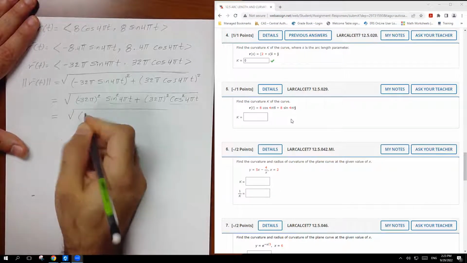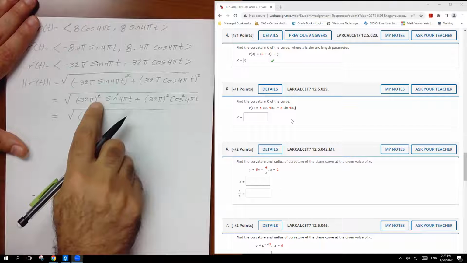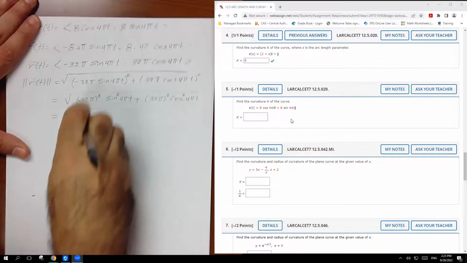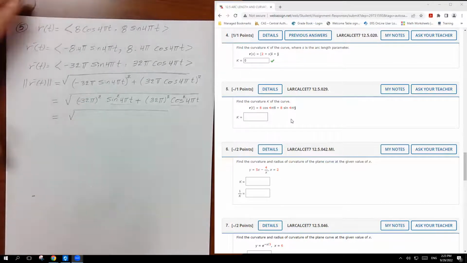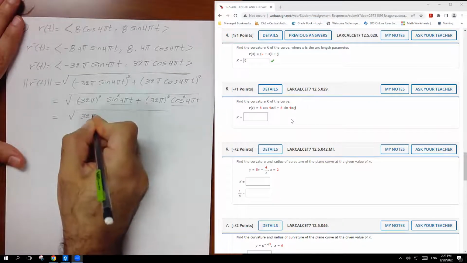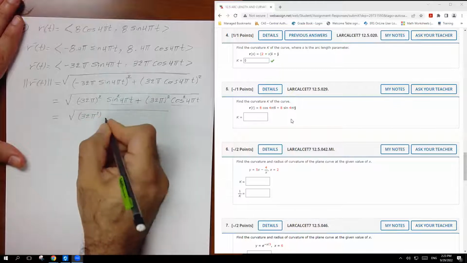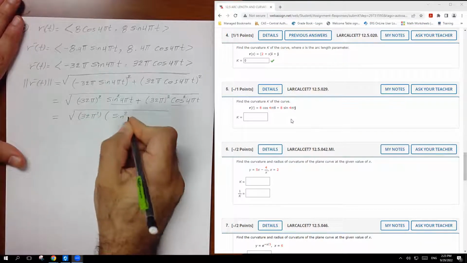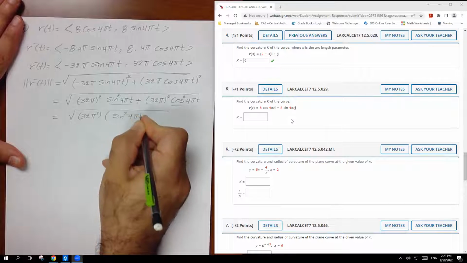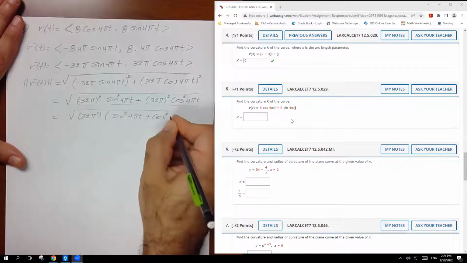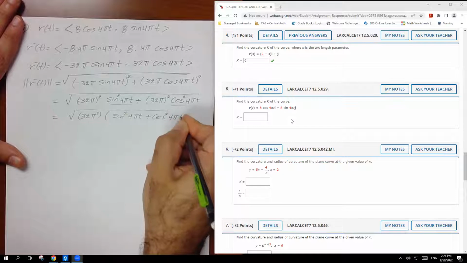Because this one is positive and this one is positive, we're just going to take 32 pi squared as a common, which is a really big number if you just square it, and here is going to be sine squared 4 pi t plus cosine squared 4 pi t.